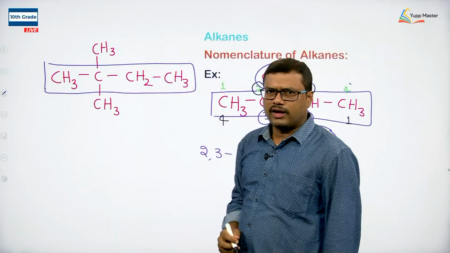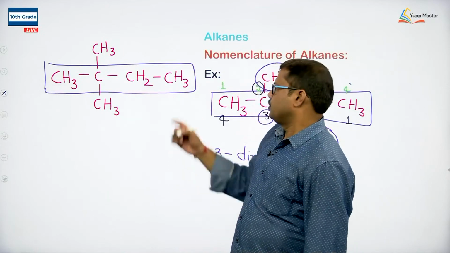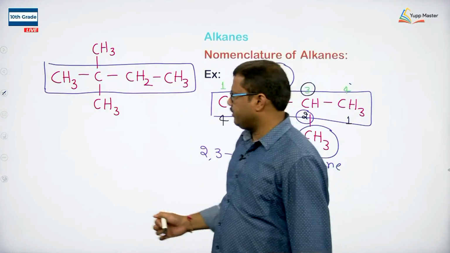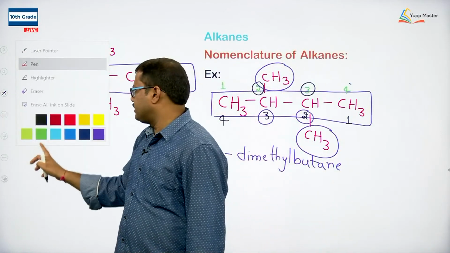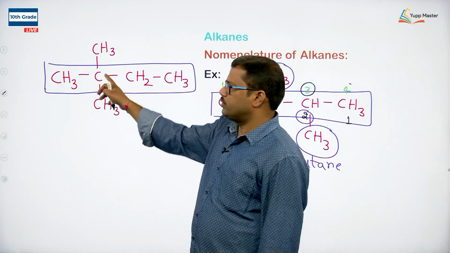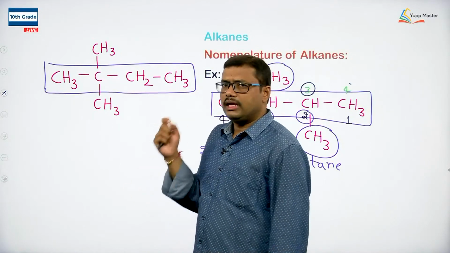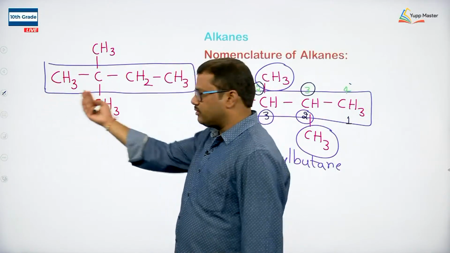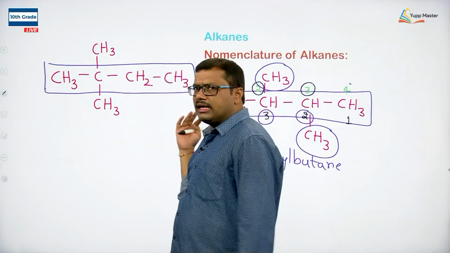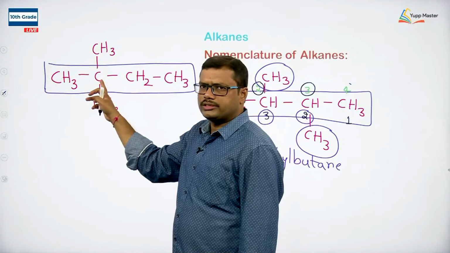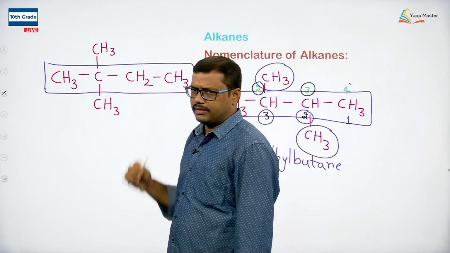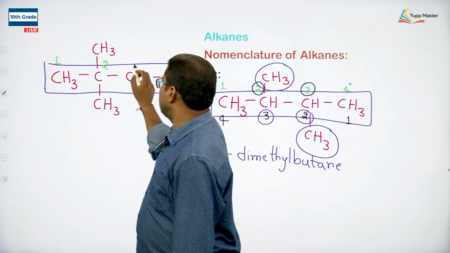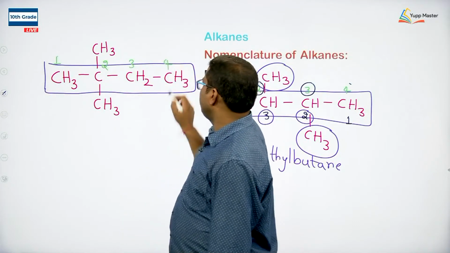Here the longest carbon chain contains four carbons, so it is butane, and numbering should be given in such a way that the substituted carbon gets the lowest possible number. If I move from left to right, this carbon gets the lowest number. So moving in that direction, this is the first carbon, second carbon atom, third one and the fourth one.